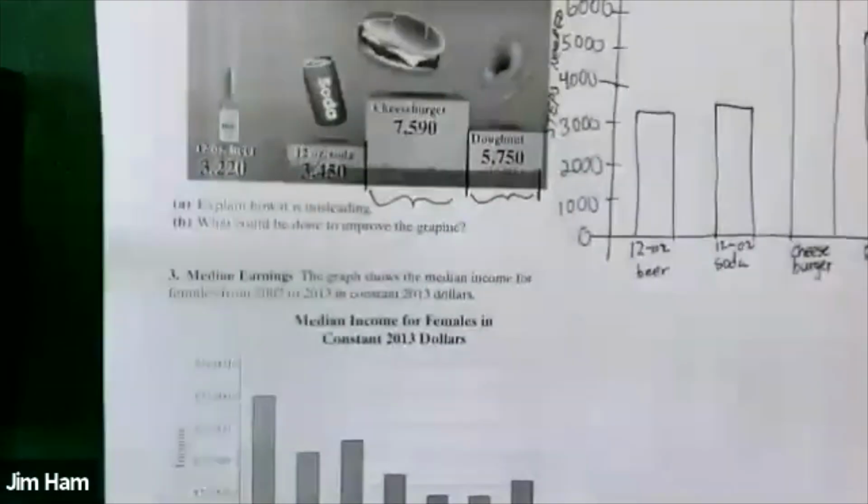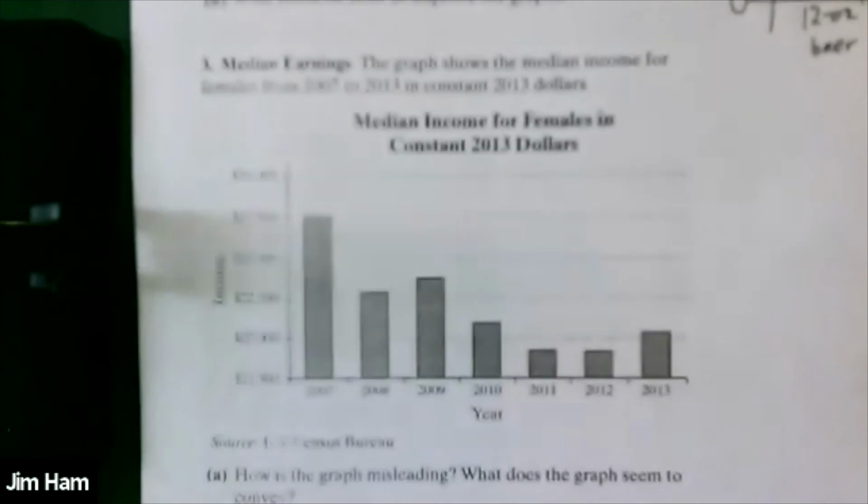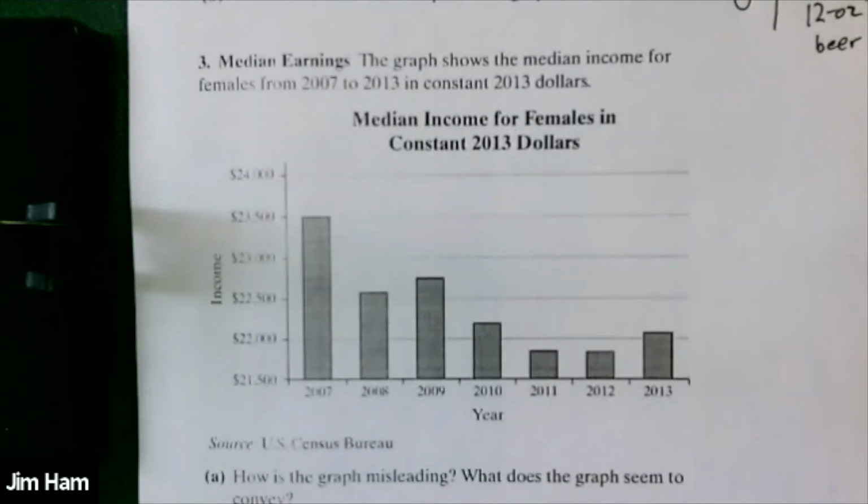In the next graph, a nice bar graph, median earnings for females, 2007 to 2013. You see all of those years there. Boy, it appears that the income for females is going down, decreasing quite dramatically. Is that what you see here?